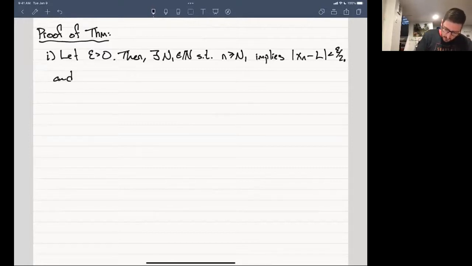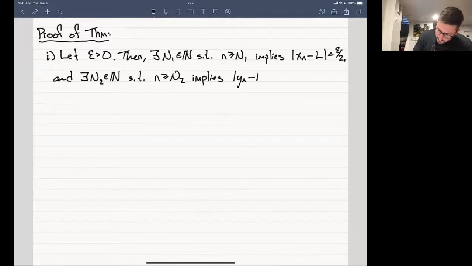And similarly for the yn sequence, you can find an n2 such that if n is beyond n2, this implies yn minus m is less than epsilon over 2. So now let capital N equal the maximum of n1 and n2.